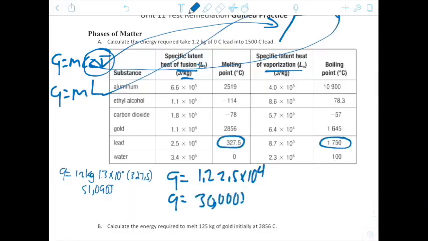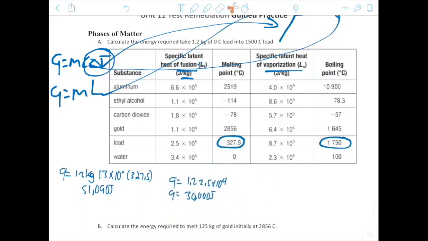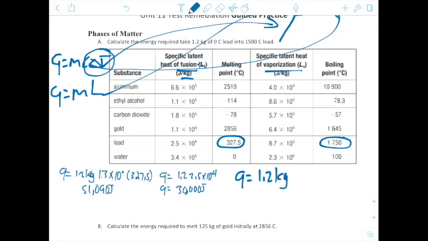30,000 joules. And then it's going to change temperature again, so we're going to use Q equals mc delta T. So Q equals m, which is 1.2 kilograms, times our specific heat, which is going to be 1.3 times 10 to the second, times our change in temperature.